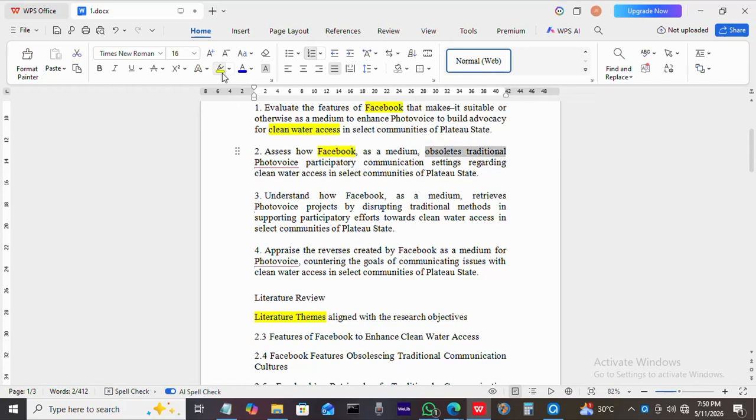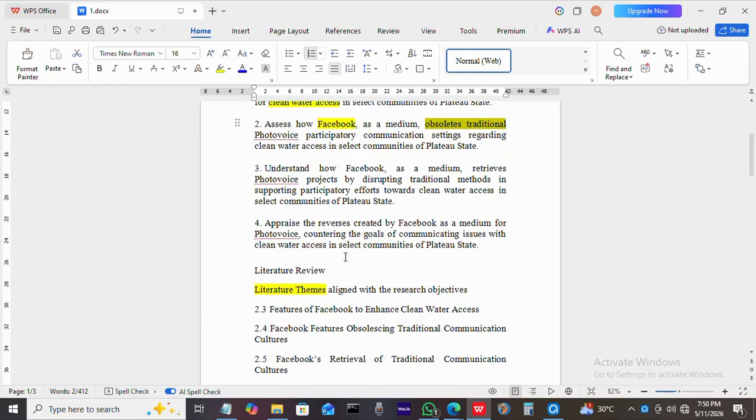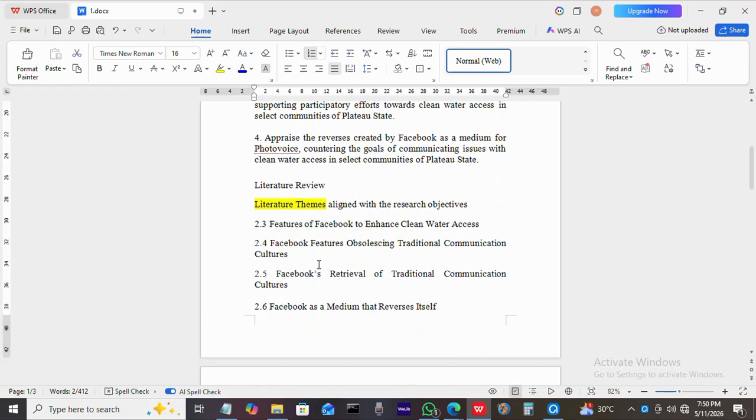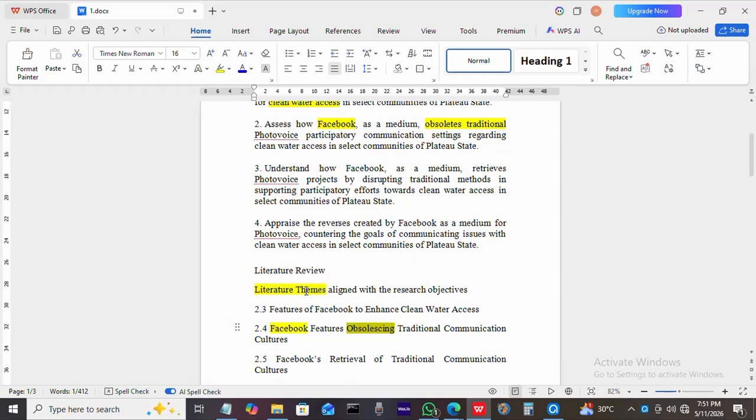It might not be verbatim, it might not be direct, depending on what you're looking for. So the key thing is that we have Facebook, then we have obsolescing, then in definition of terms, traditional communication cultures, we also relate it to maybe photo voice, participatory communication, and the rest.